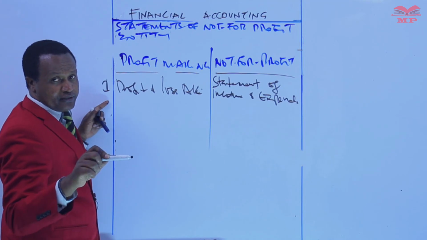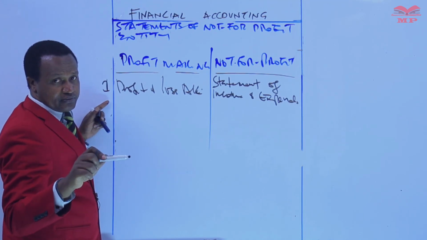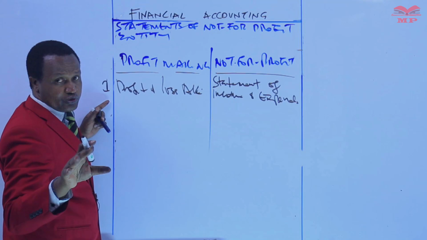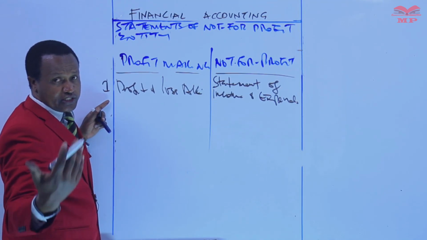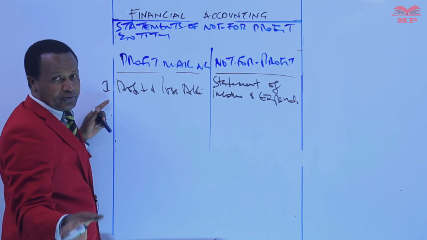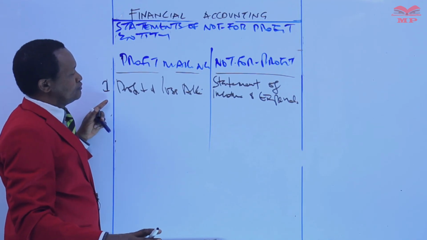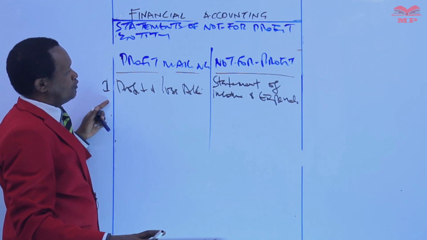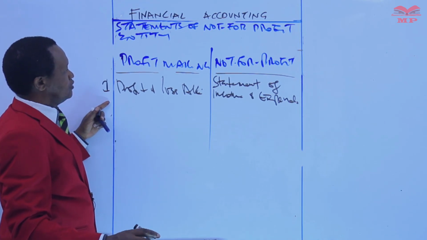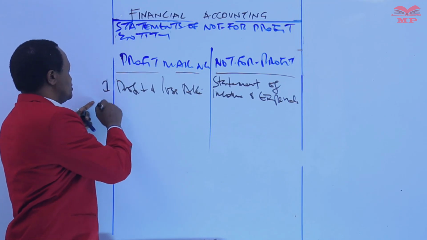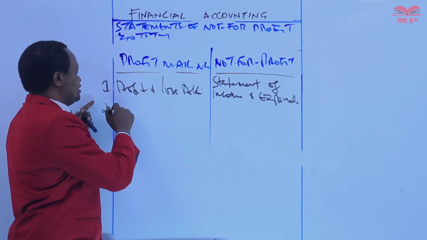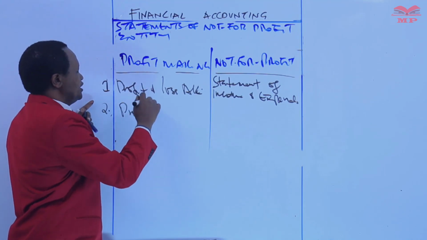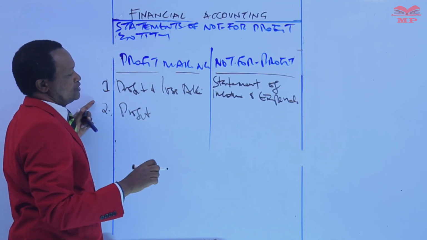Statement of income and expenditure is a crucial financial statement for not-for-profit organizations. It provides a summary of the organization's revenues and expenses over a specific period of time. So, for profit-making organizations, this statement can generate either a profit where the revenues exceed the expenses.